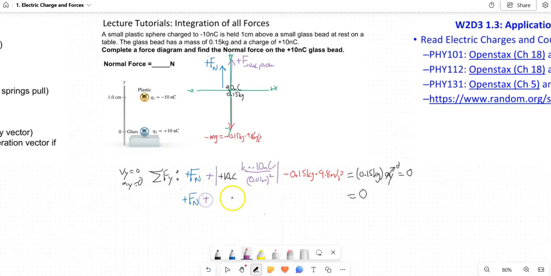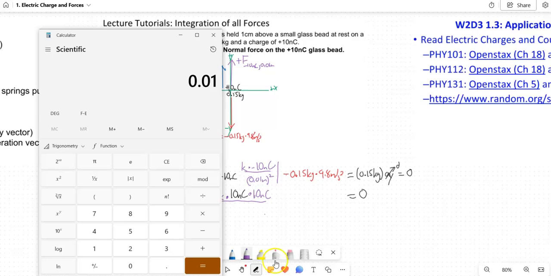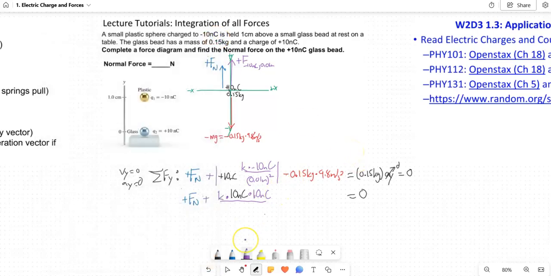So that's going to be positive, and I'll put K times 10 nanocoulombs times 10 nanocoulombs, all divided by 1 centimeter squared, which is 0.001 meters squared.